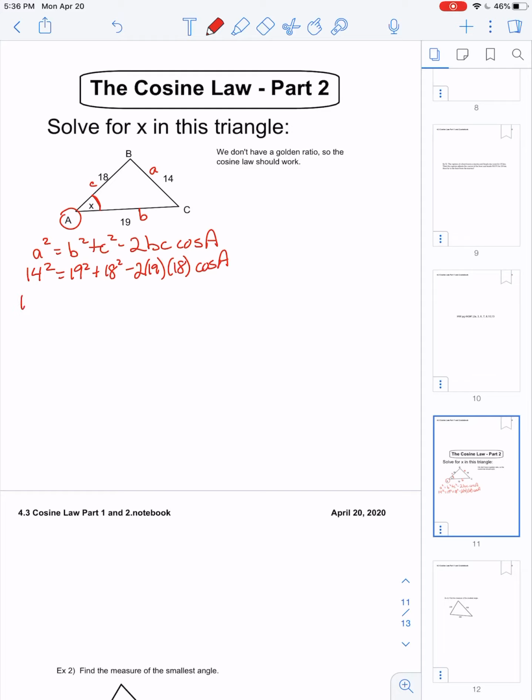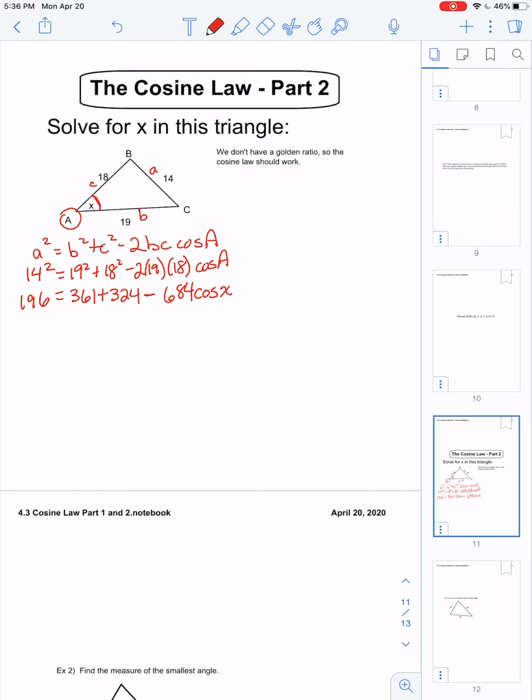So 14 squared is 196, 19 squared is 361, 18 squared is 324, 2 times 19 times 18 is 684, and cos of X.